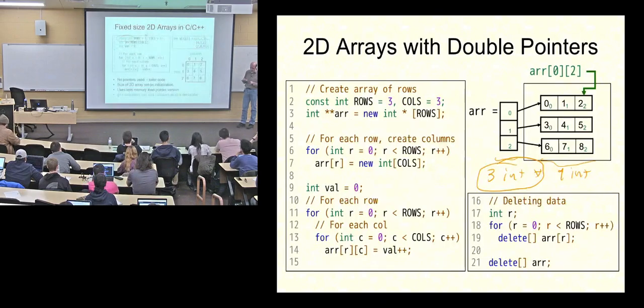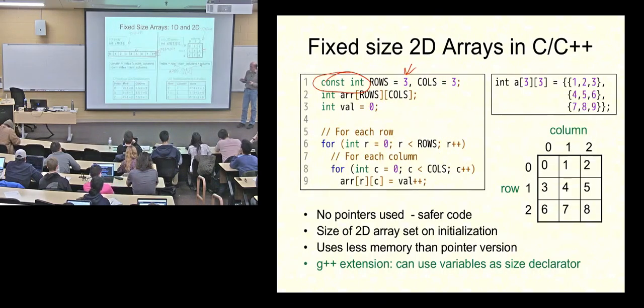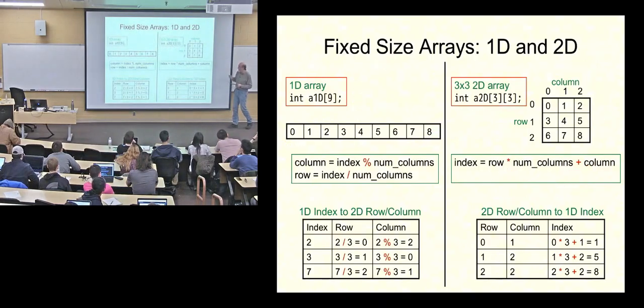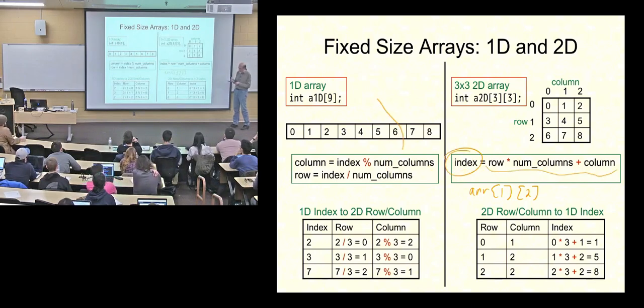So look over here. When I say I want to access array sub 1 sub 2, it does a little bit of math, but then once it has this index, it goes over and looks at that element of the array. So it involves a little bit of math, but then one time it needs to look into memory.